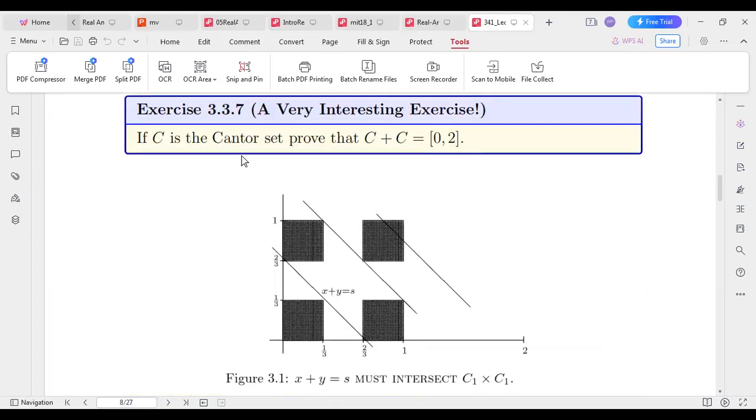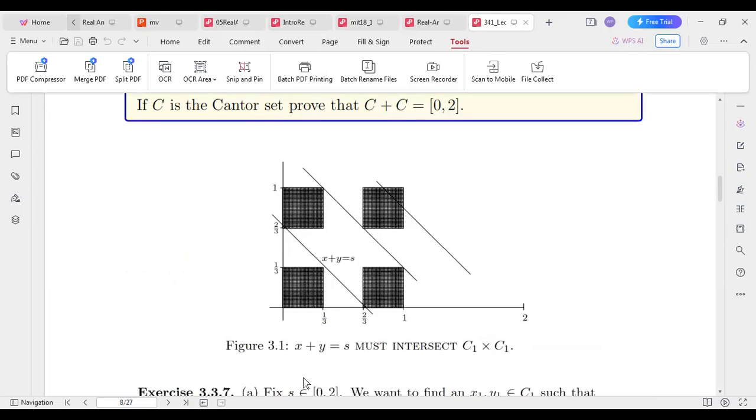If C is the Cantor set, then prove that C plus C equals the closed interval 0 to 2. Now, x plus y equals s must intersect C1. These are the two sets in a cross product. This is the x-axis, 1 by 3, 2 by 3, 1 and 2.